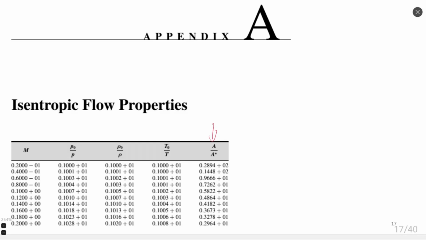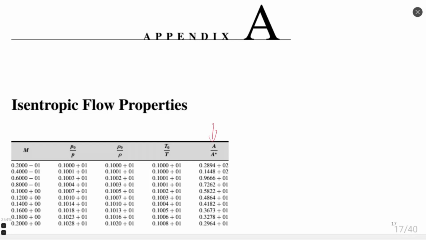These functions are tabulated. So we have variation of Mach number starting from 0.02, 0.2, until Mach 50 in supersonic, right? Or hypersonic already.